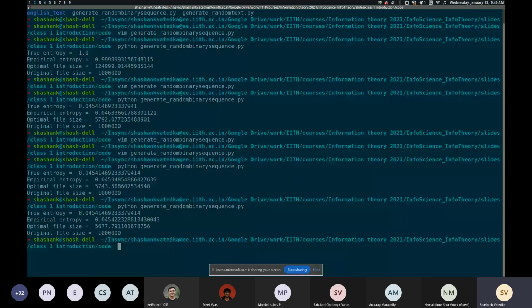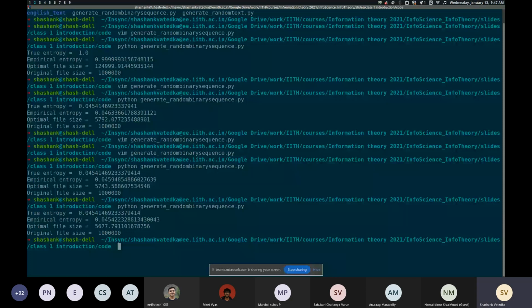Make sure that you're writing at least say 10 to the 5 or 10 to the 6 bits into the file, because again, if it's too small, then as we discussed earlier, the compression algorithm doesn't work well, and the header information and stuff take more space. So write 10 to the 5 or 10 to the 6 bits into the file, and then play around with the values of p and see what you get. You should notice the symmetry in p.